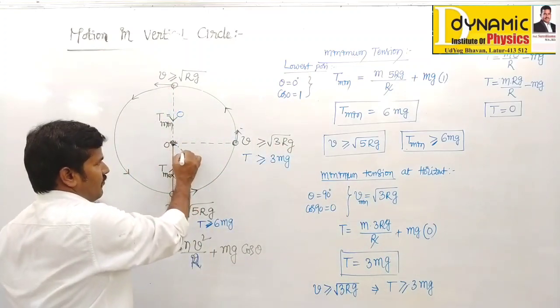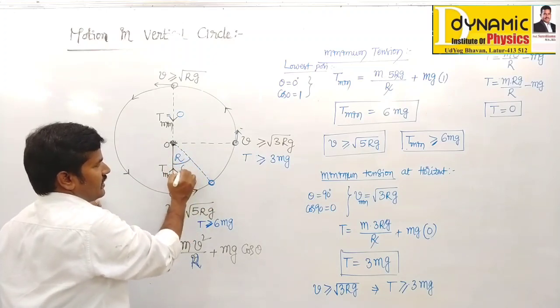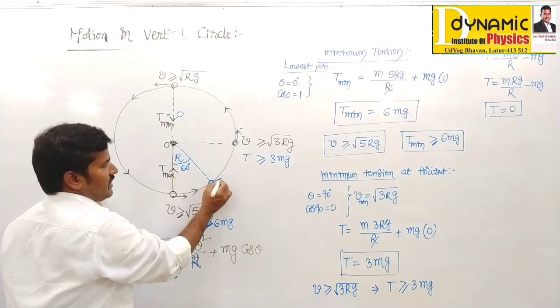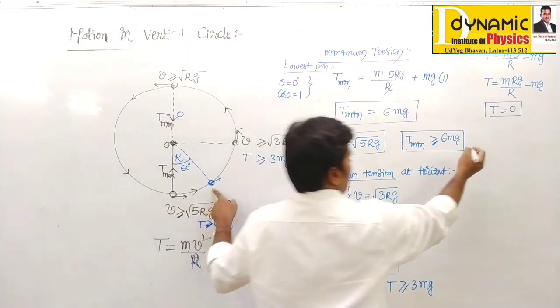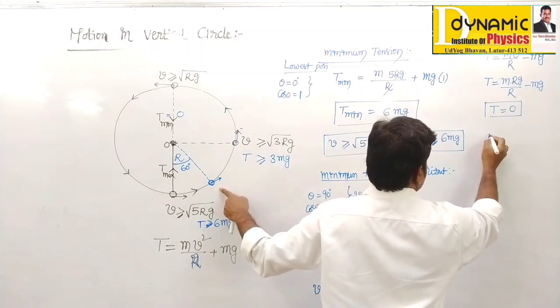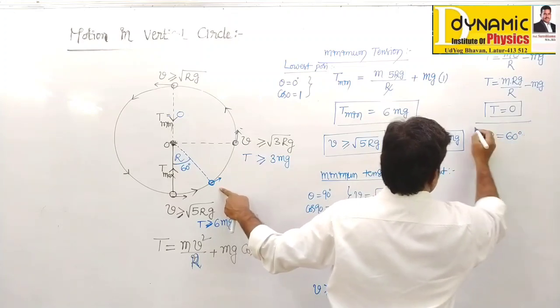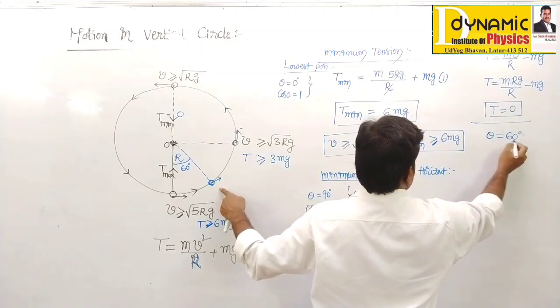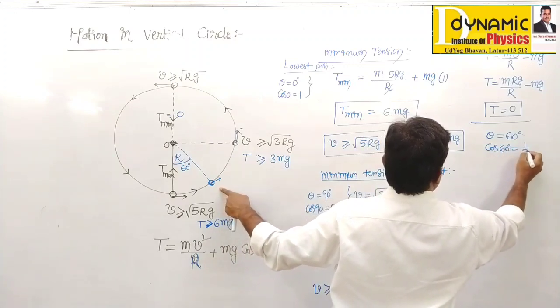Suppose we want the tension at the 60-degree position. What is the tension here? Angular displacement theta equals 60, and cos 60 is 1 by 2.